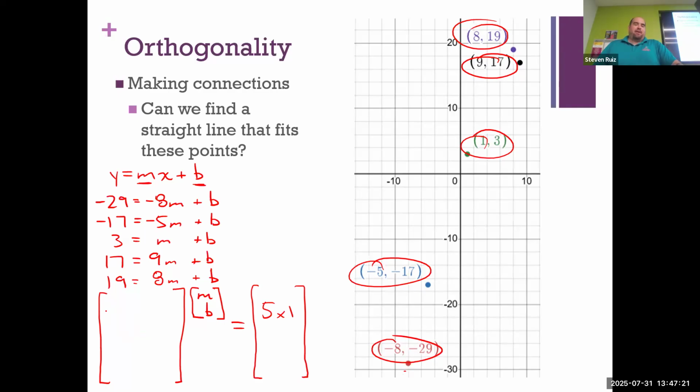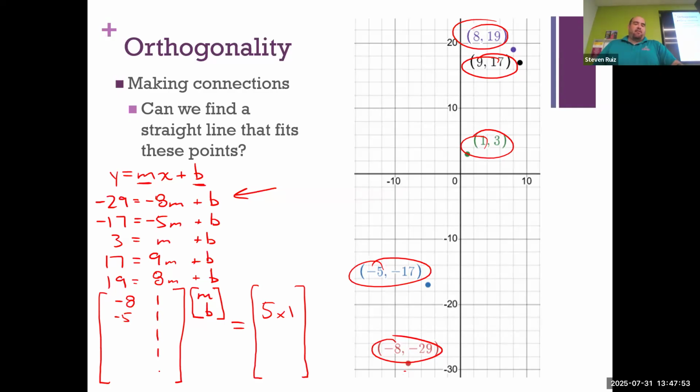Not quite. That's why I wanted to fill in the m and b first, because multiplying by this 2 by 1 that has m and b in it will dictate what has to go in here and how. What's the top row going to look like if I base it on the top equation? There are negative 8 m's and 1 b. What's the next row? Negative 5, 1.